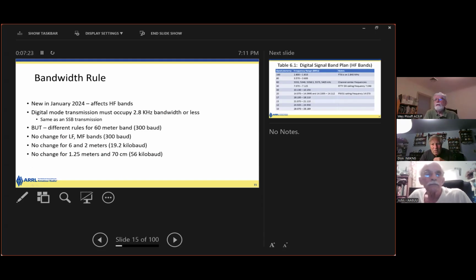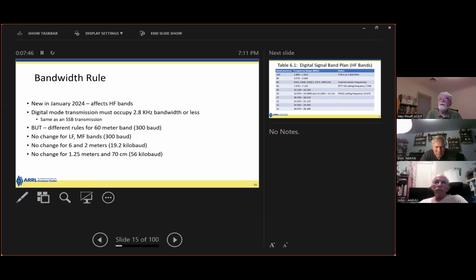So I want to talk about how fast you can go, and the rules changed at the beginning of last year. It used to be that the FCC specified a baud rate for each different band. In other words, how fast you communicate digitally.